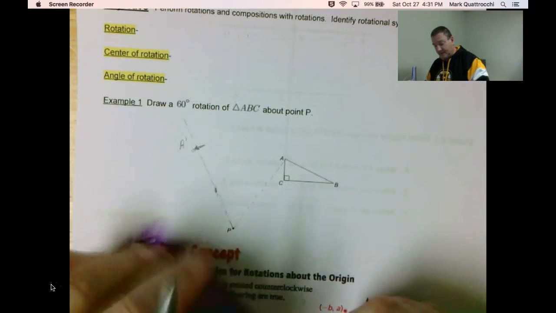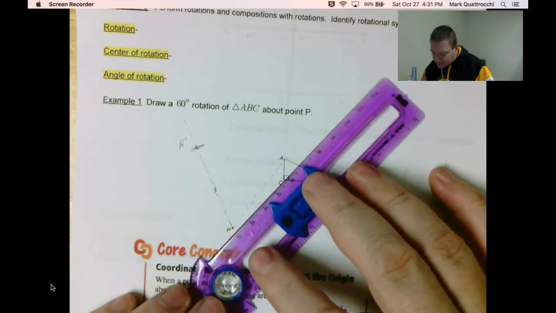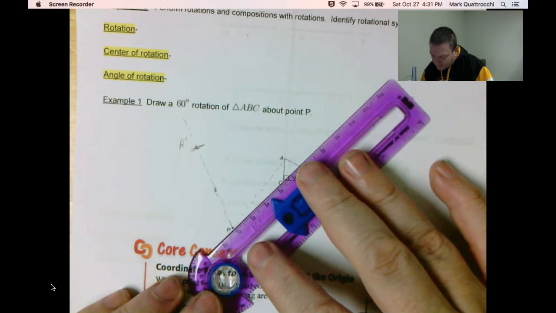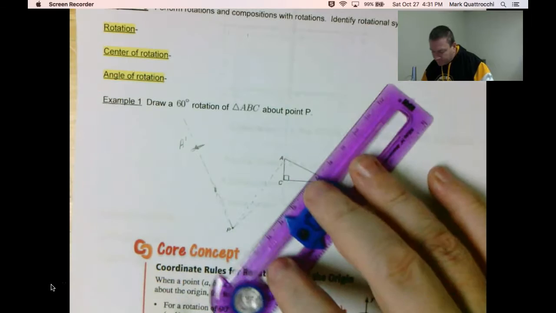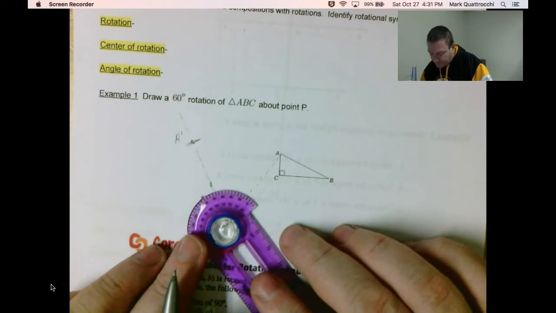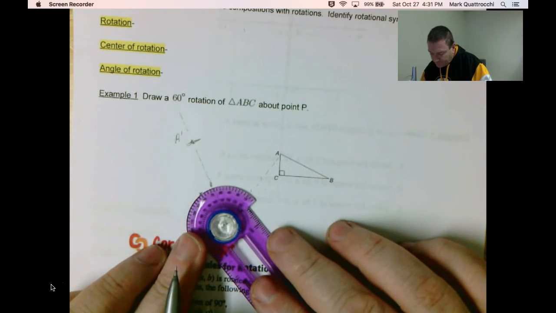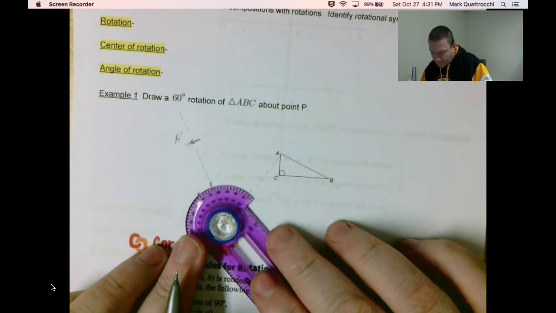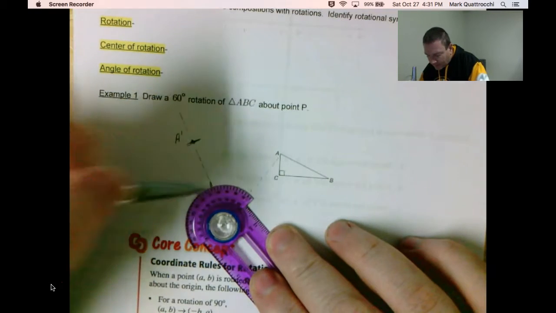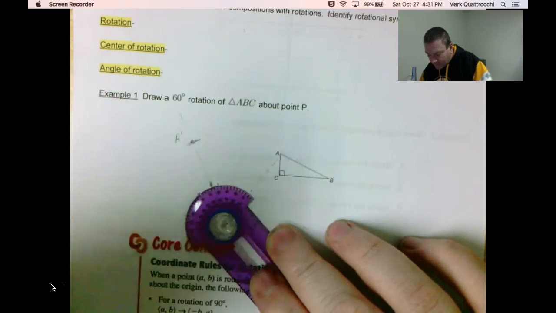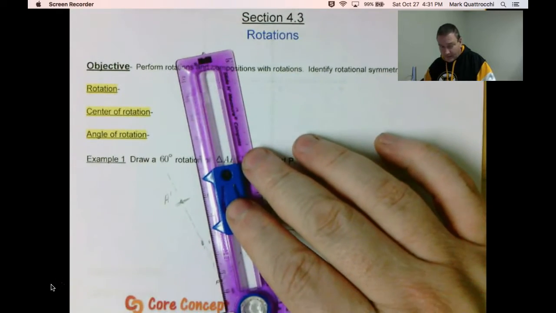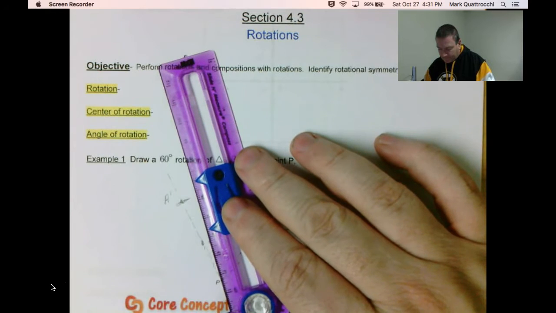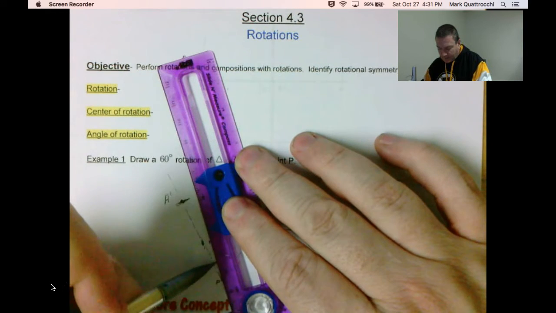Alright, I'm going to do the same thing for, let's do C next. Connect from P to C. Set my protractor up again. Mark 60 degrees. Draw my line from P through that mark.